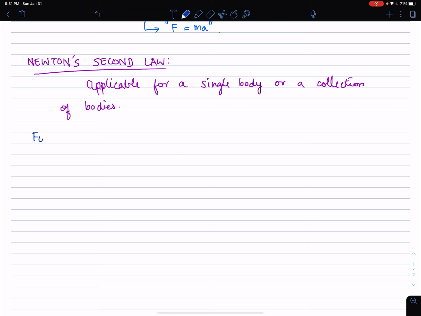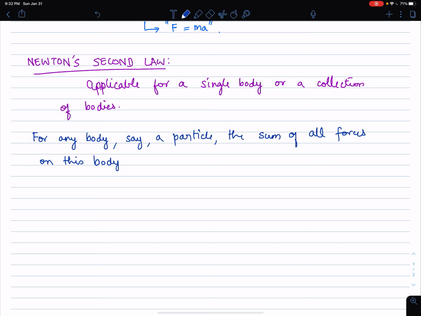For any body, a single object, say a particle, the sum of all forces on this object, on this body, equals mass times acceleration.